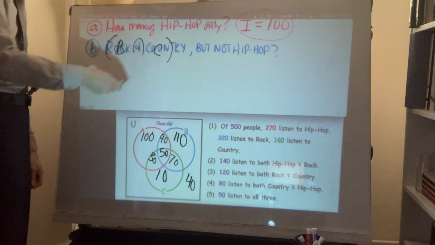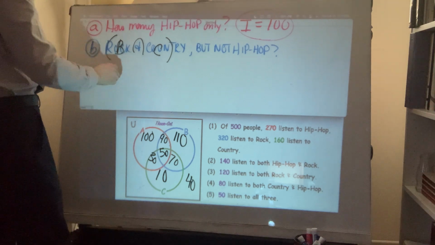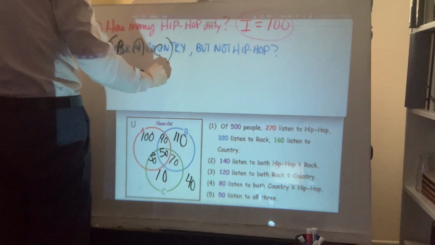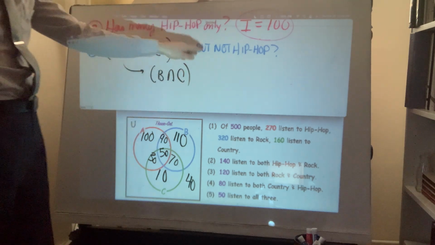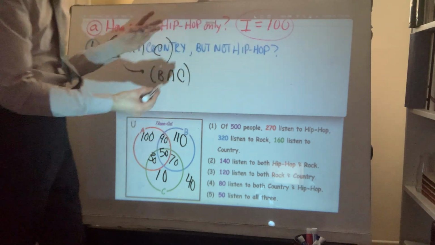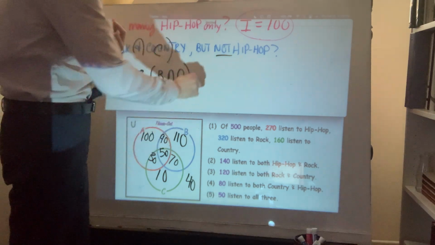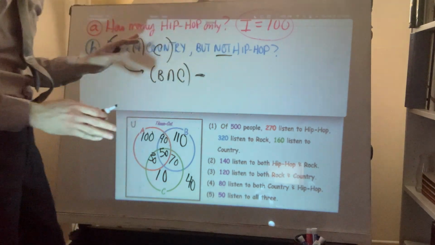I'll encapsulate them like so, to make it a little bit clearer. It's the intersection of B and C to start with, but not hip hop. So if it's "not" something, that means that we're going to subtract out something.